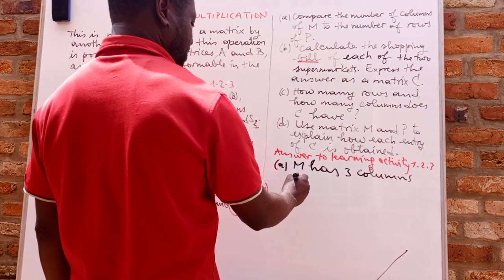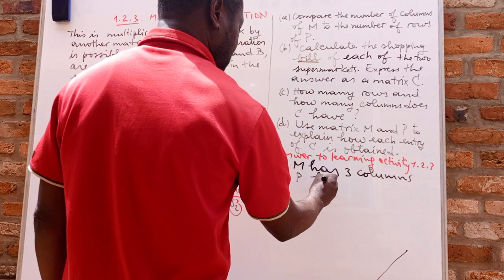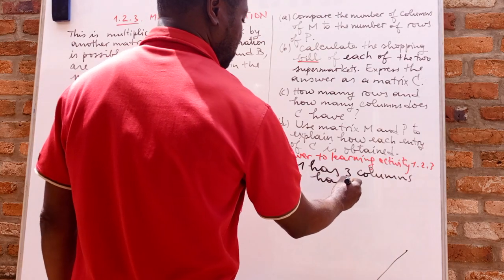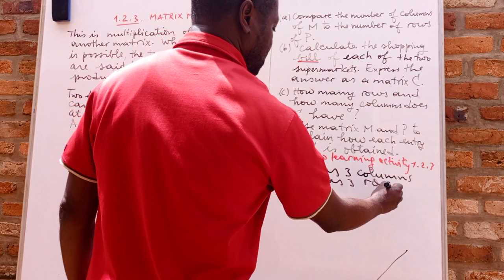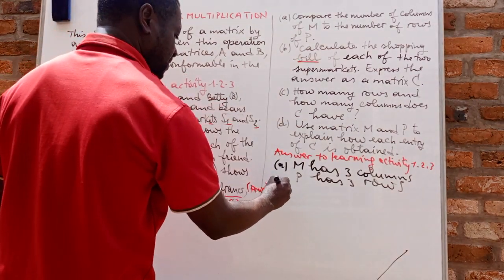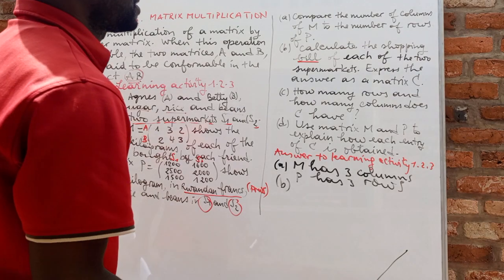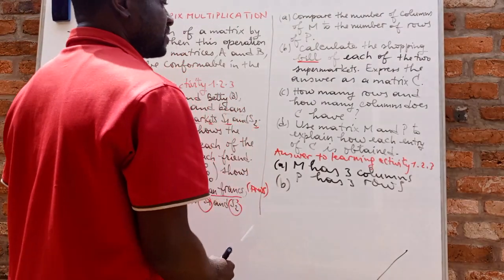Matrix P has how many rows? P has 3 rows. And then sub-question B: calculate the shopping bill of each of the two supermarkets.